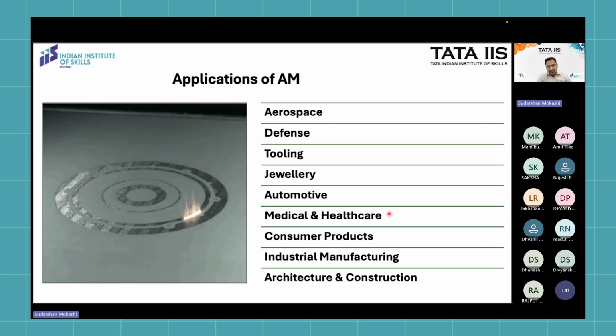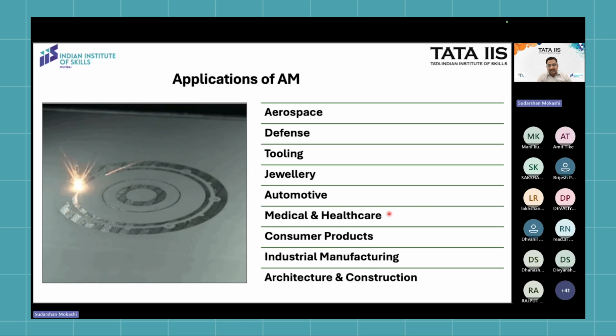Next is automotive. The automotive industry is a very vast industry to get multiple parts in aluminum material. So DMLS technology is definitely more into that. Also SLS technology can be used for fitment parts. In medical and healthcare, we are using titanium and cobalt chrome materials, which we can use for medical customized implants like cranial plates and accidental cases.